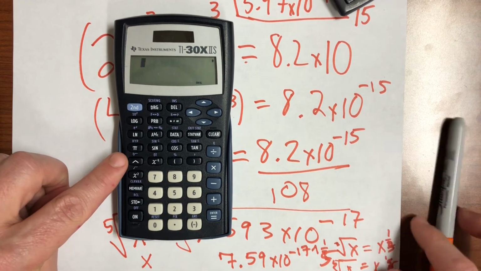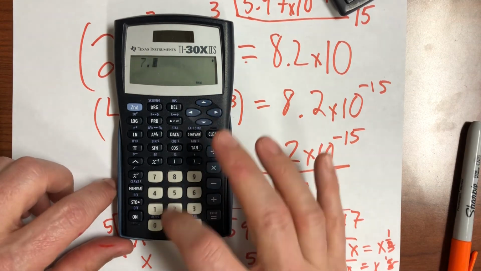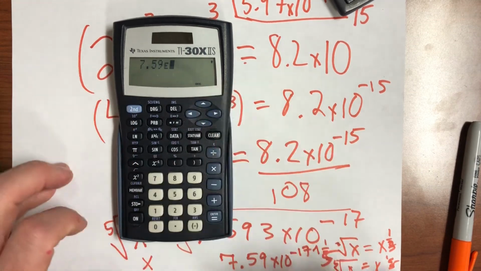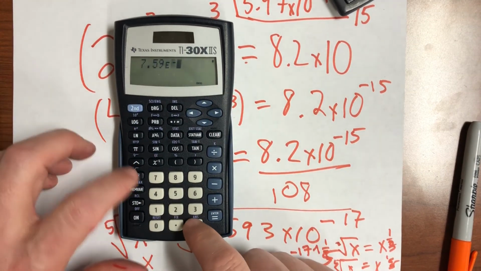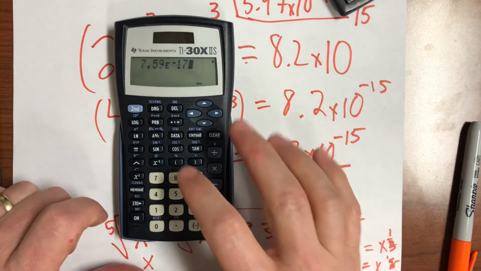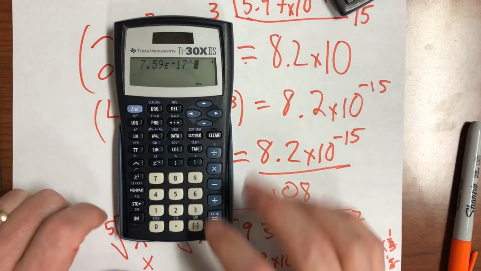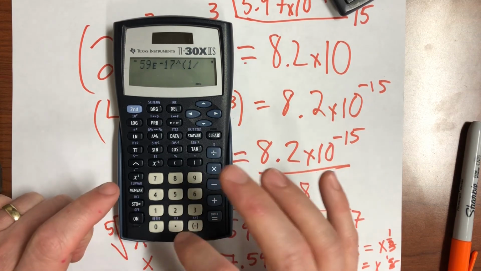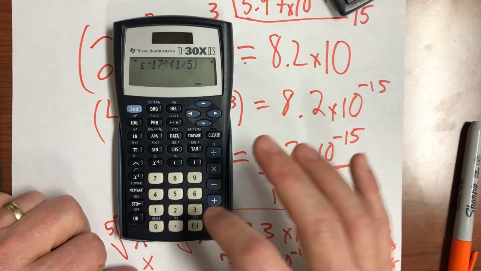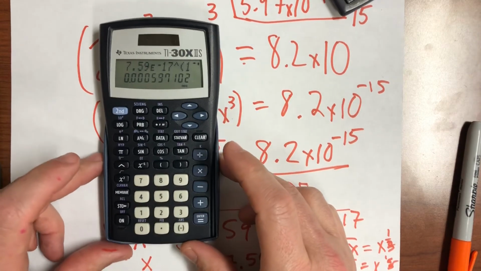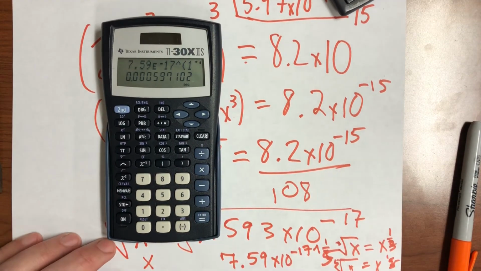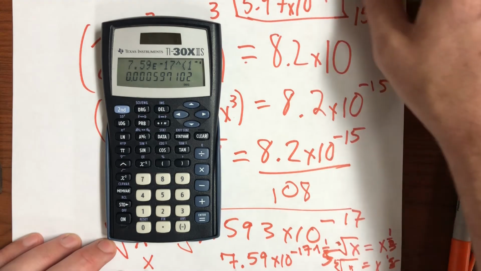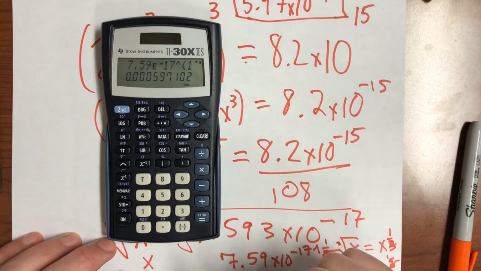So if I want to raise it to the 5th power, I type 7.59 times 10 to the negative 17th. And then I'm going to raise it to the 1/5 power. You can just type 0.2. And there's the same answer again. It's not in scientific notation this time, but it's the same number.